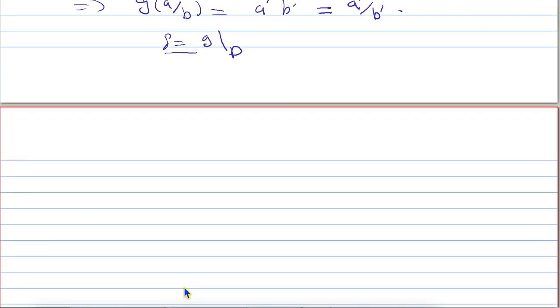Now, what if there is another isomorphism G prime from F sub D to F sub D prime, which extends f, so that f equals G prime restricted to D. In this case, we claim that G prime must equal G, so that the extension is unique.